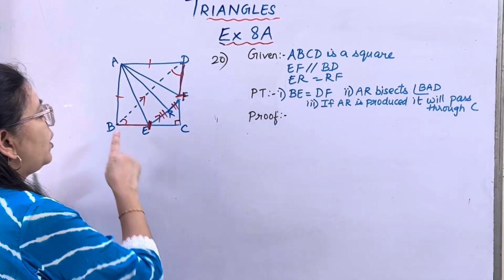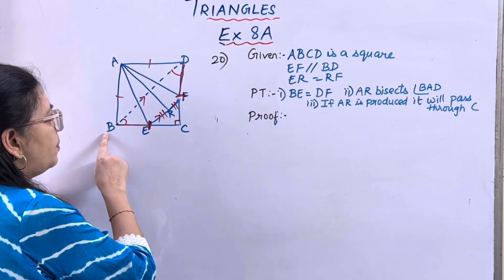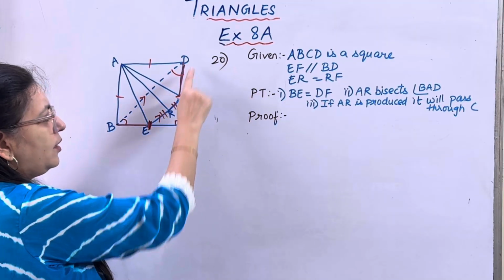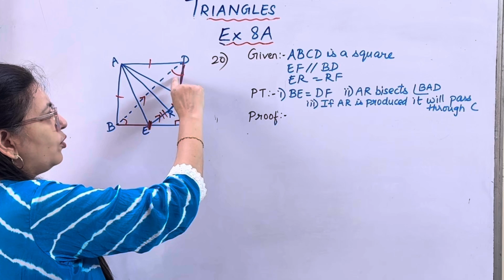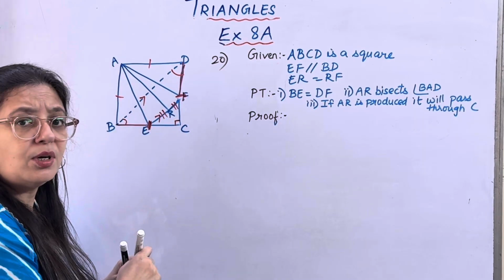And talking about triangle BCD, this is 90 degree. This side is equal to this side, so this angle will be equal to this angle.